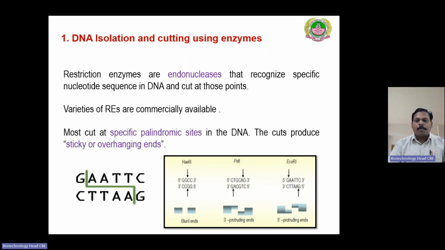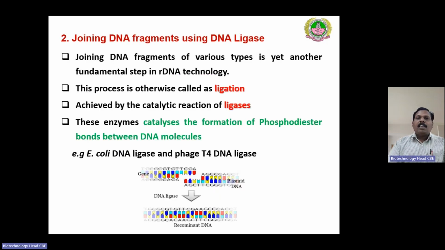The second step in the cloning process is joining the DNA fragments using DNA ligase. This is yet another fundamental step in the DNA cloning process, and it is referred to as ligation.